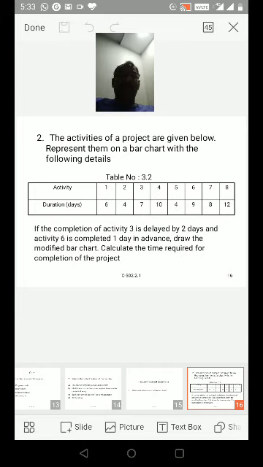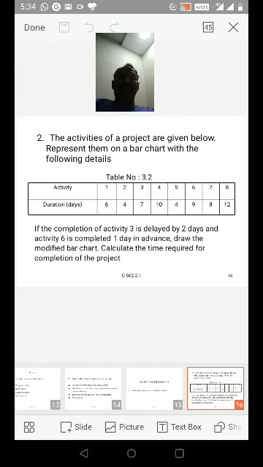You have to draw the modified bar chart by using this table of activity and duration, taking all these into consideration, then calculate the time required for completion of the project.